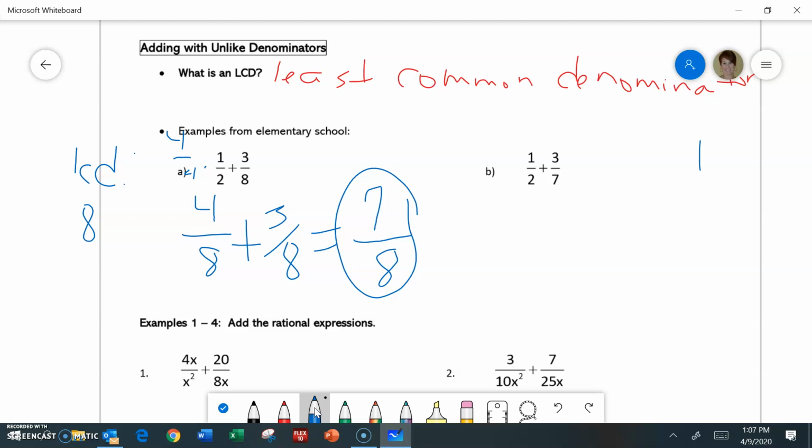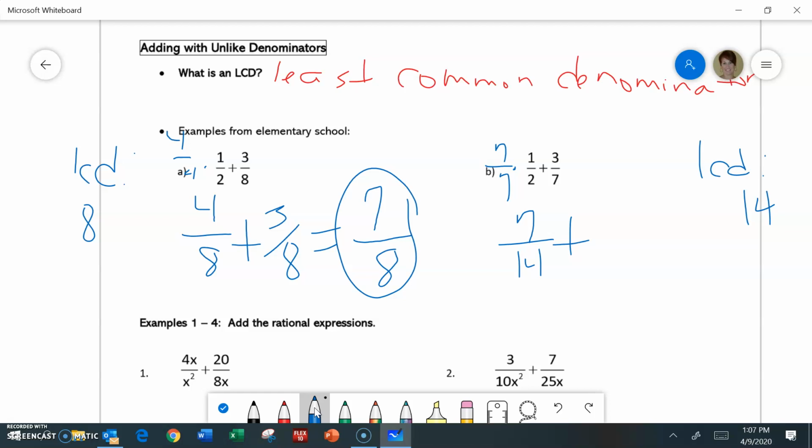This time our LCD would be 14. So I'm going to multiply the first fraction by 7 over 7, which gives us 7/14. Remember, 1/2 and 7/14 are the same value. They're both equal to a half.